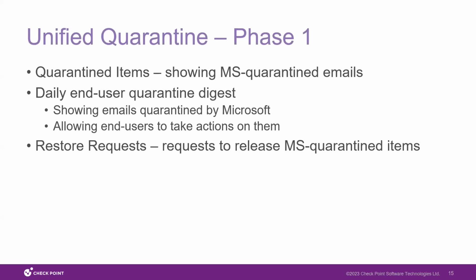So you allow them to release from the Microsoft quarantine or the Checkpoint quarantine if it's marked as spam. But if it's flagged as phishing, you may not let them restore it on their own. If they really think they need it, they can request a restore, where our analysts will review the message, make sure it's not malicious, and then release it for you.